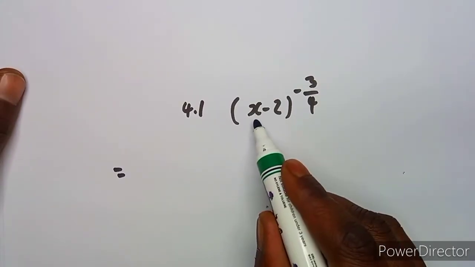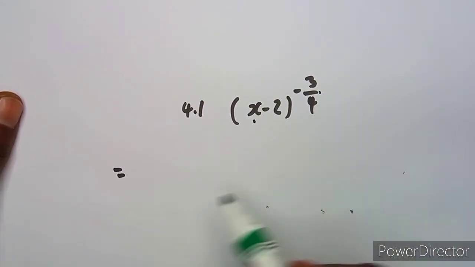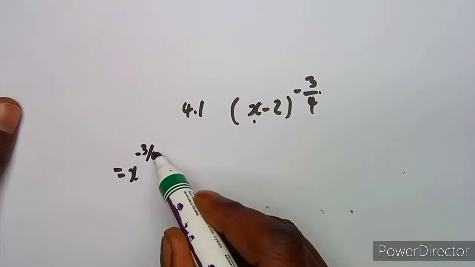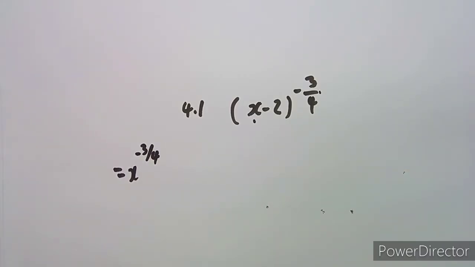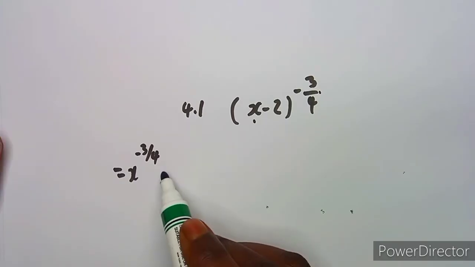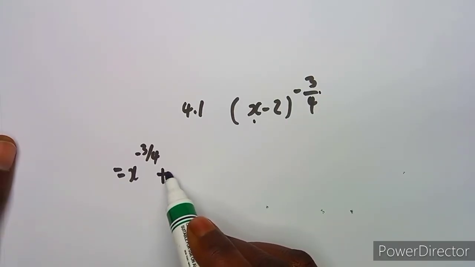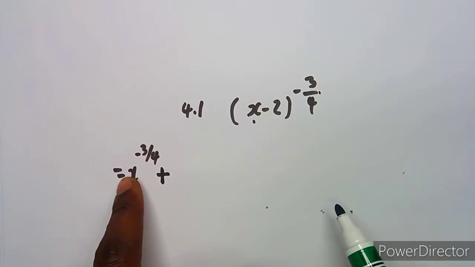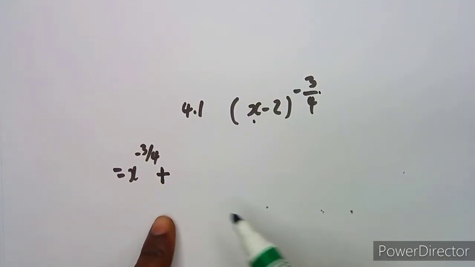You are going to take this x, the first term, to the exponent of -3/4, like this. Then the first part you just take as it is. Then we add plus. The moment we move on, that's when we drop the exponent, then we subtract 1.